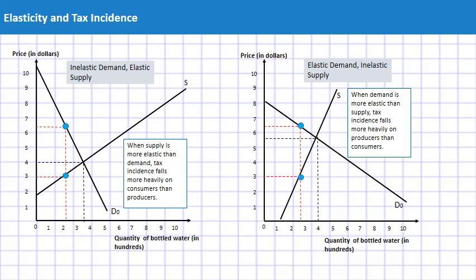On the right over here, the consumers are, let's see, 6.5, 5.5, let's say 80 cents. So from $5.80 to $3, $2.80 of that tax is being pushed towards the firms.